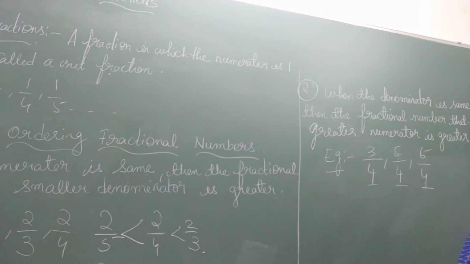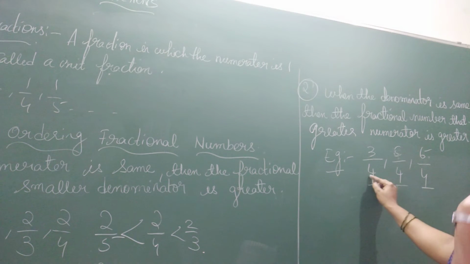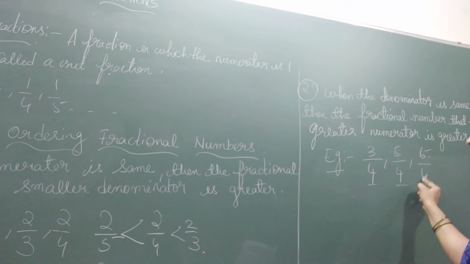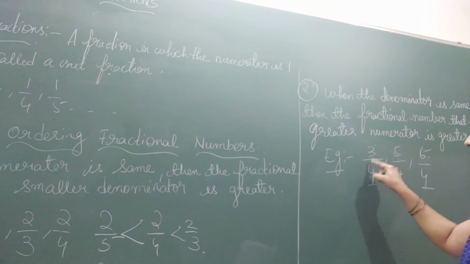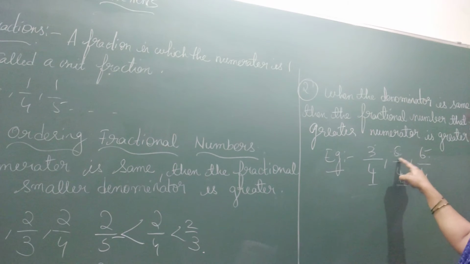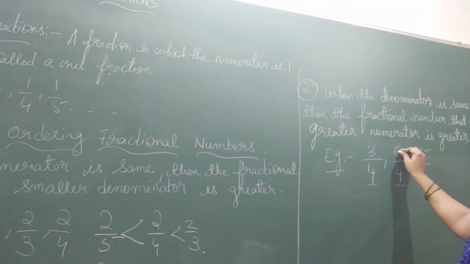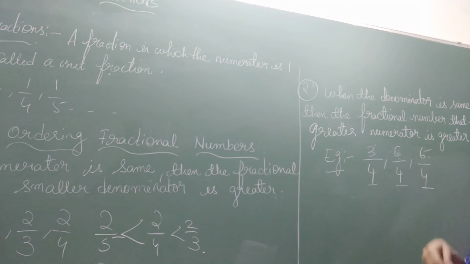So 3 is there, 5 is there, 6 is there. Which is the least number? 3. 3 is smaller than 5 and 6, and 5 is smaller than 6, right?